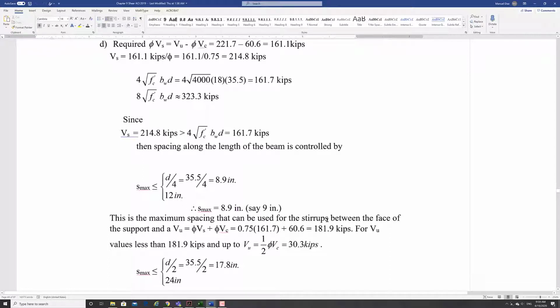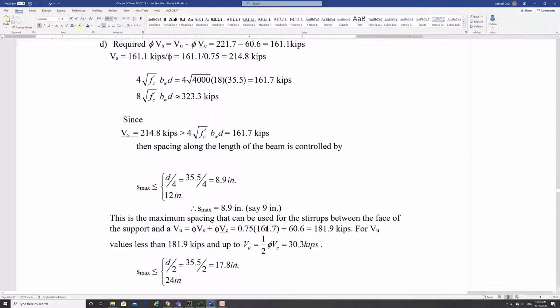So this is the maximum spacing between the face of the support and that. So the Vu that we will have between the face of the support and a value that's equal to the maximum, which is this, the 4, right? So here is the limit of the 4.